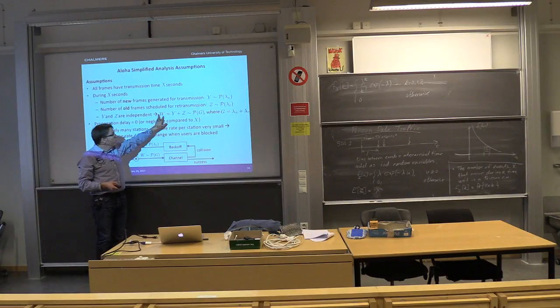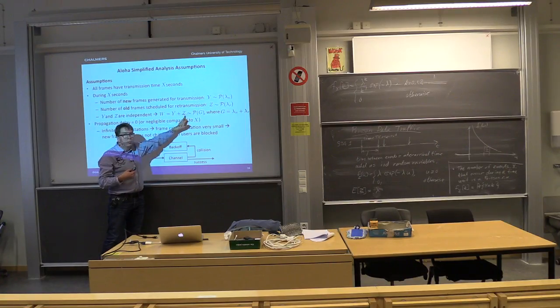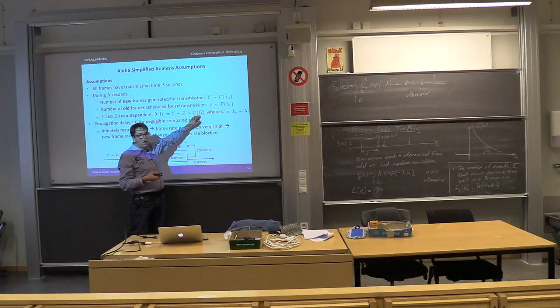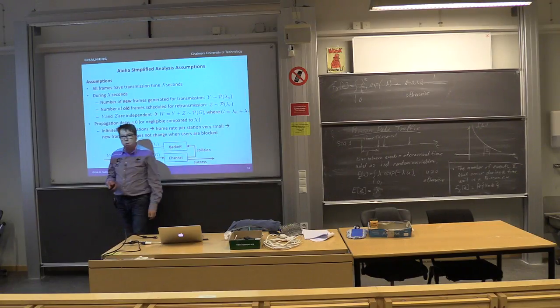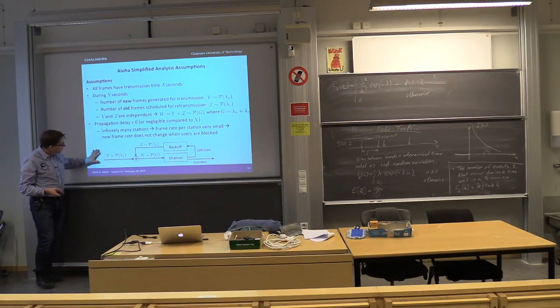Then the total rate of frames that arrive during x seconds is y plus z: y new frames and z frames scheduled for retransmission. That happens to be Poisson with intensity g, where g is the sum of the intensities. So in a block diagram, y comes into the system.